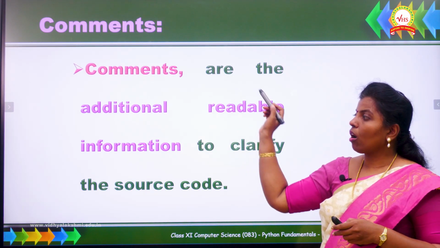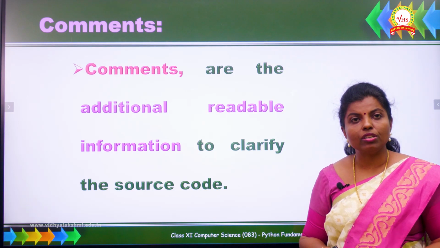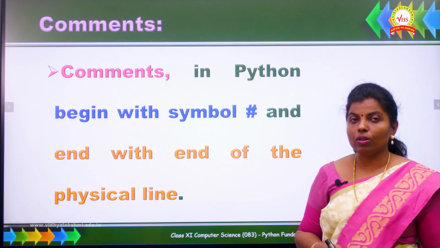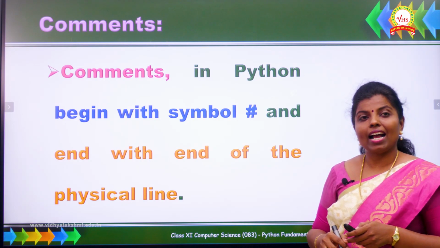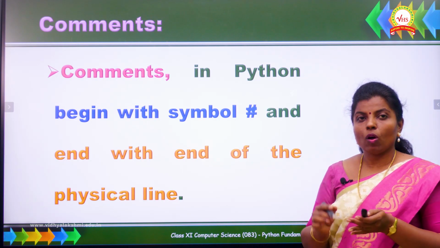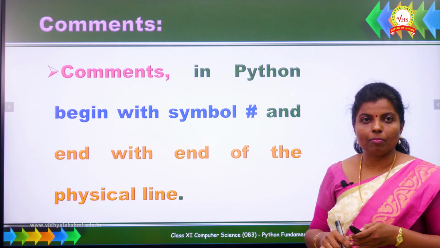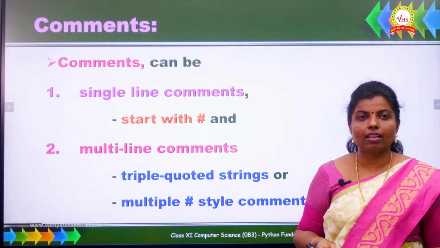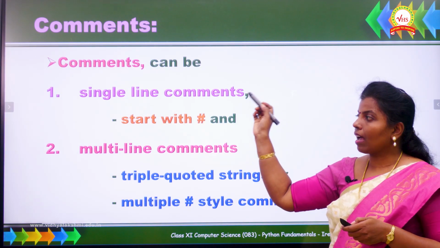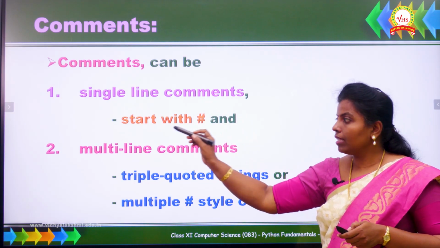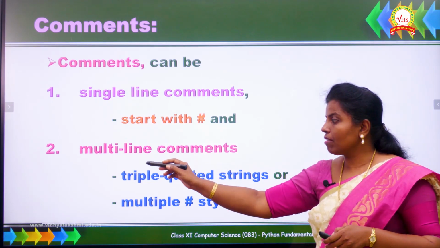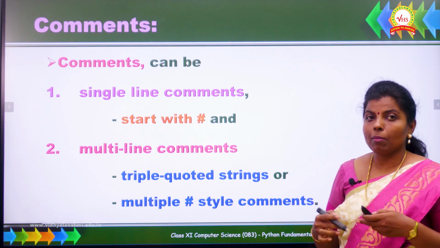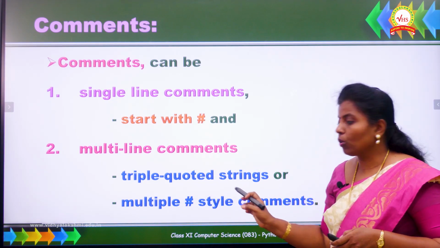So comments are the additional readable information to clarify the source code, and also comments in Python begin with the hash symbol and end with the end of a physical line. Normally they begin with the hash symbol if they are single line comments. We also have multi-line comments, which are triple quoted strings.